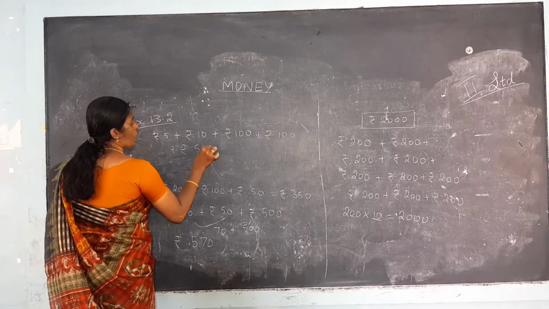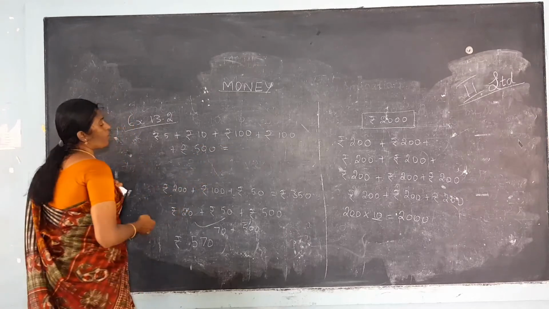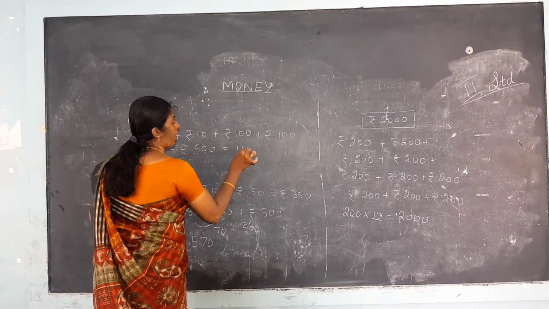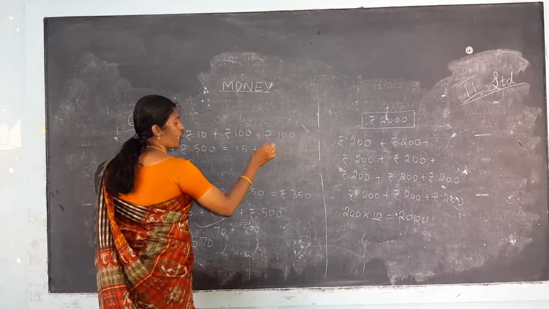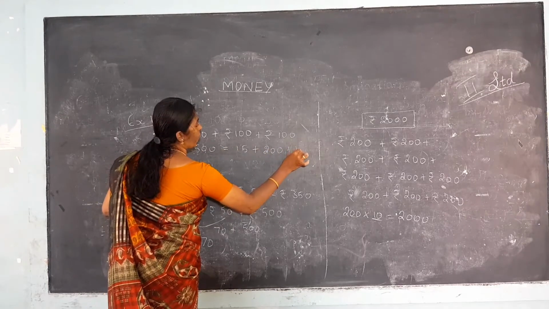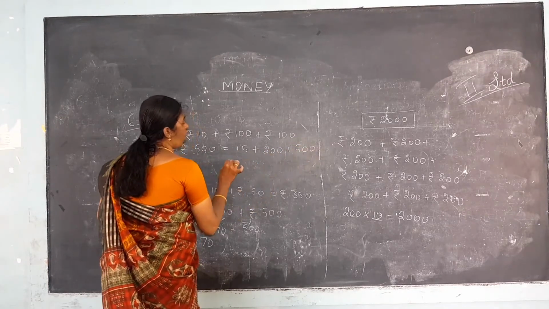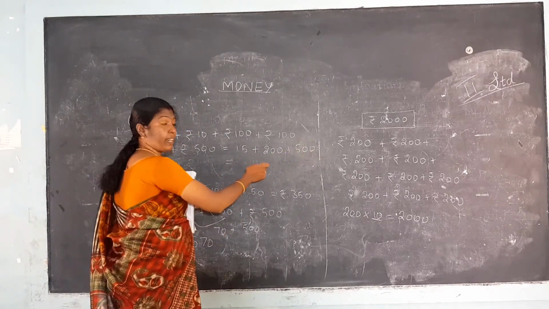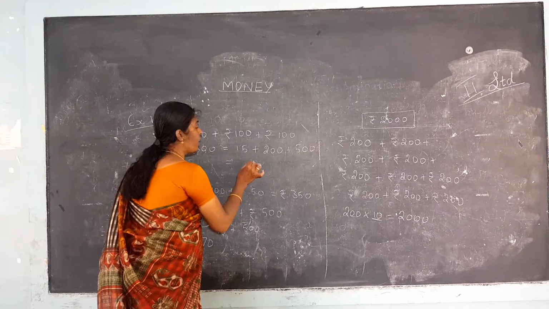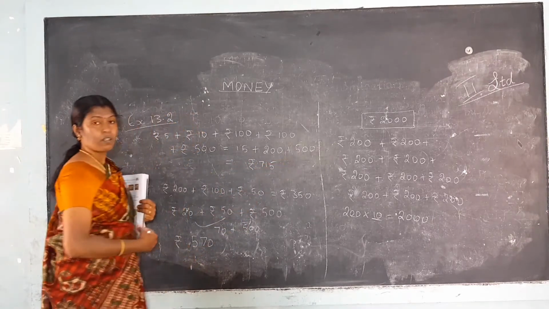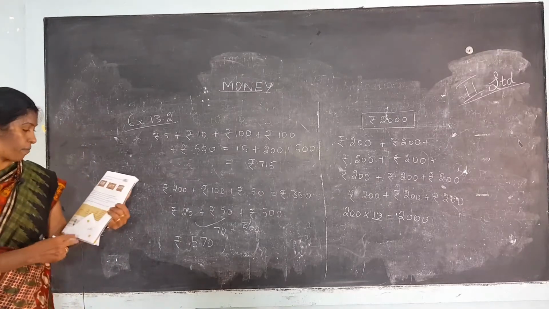Now we are going to add all the things. 5 plus 10, 15. 100 plus 100, 200. 500 plus 200, 700. 700 plus 15, that is rupees 715. Okay, do you understand, students?